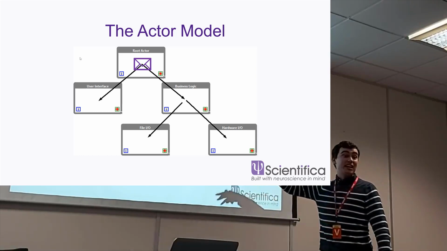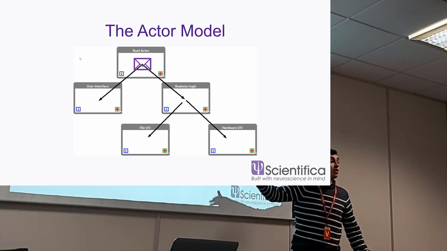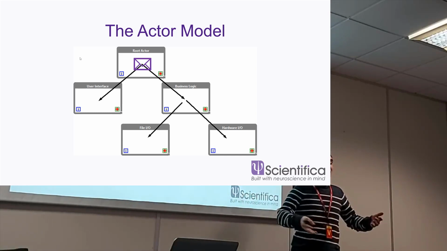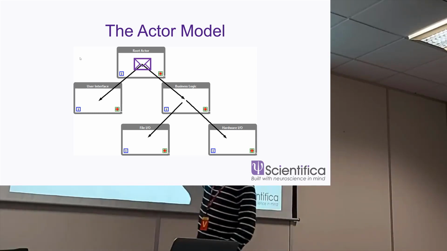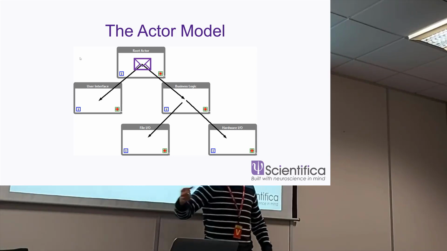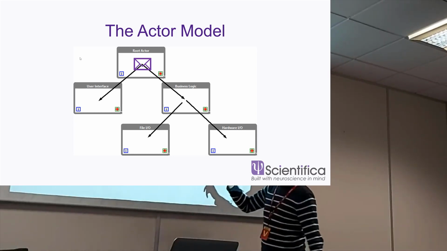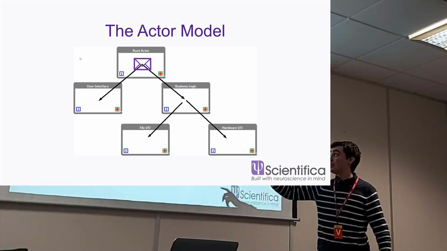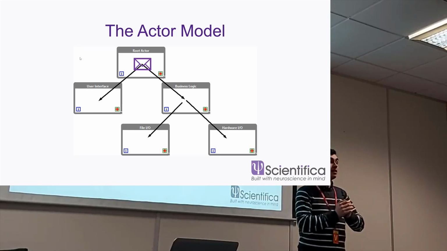Again, this is just the actor model. You might already be doing this using the DQMH or the queued message handler or James Powell's messenger library, where we have a root actor. And remember the first rule, every actor must be able to launch other actors. So from the very top, root actor, that is able to launch a user interface, and it's able to launch business logic.